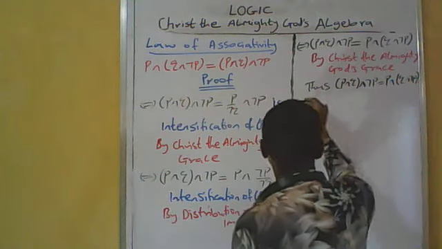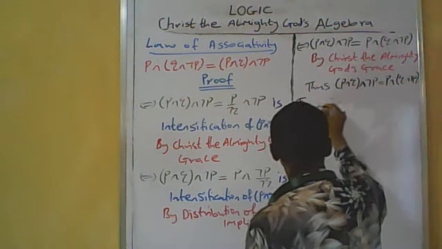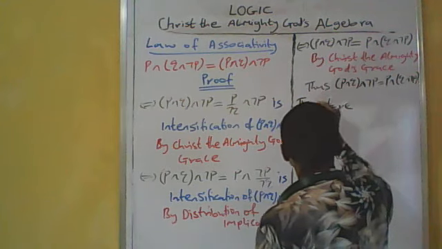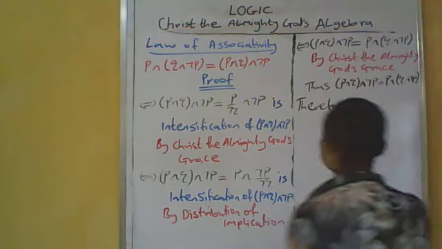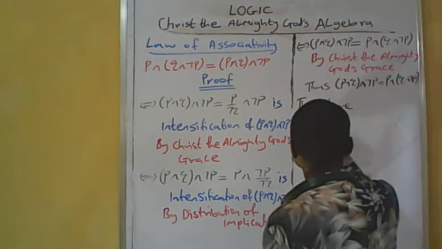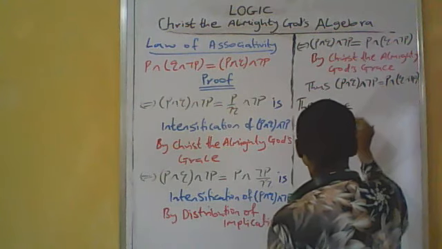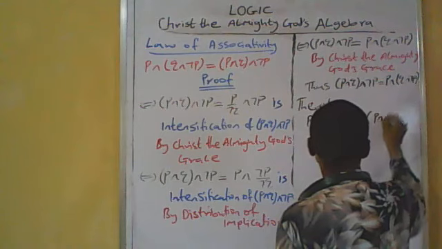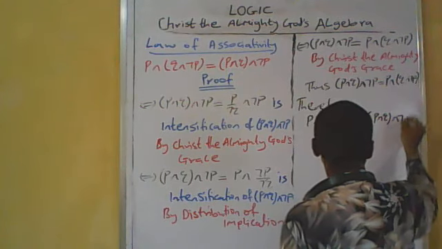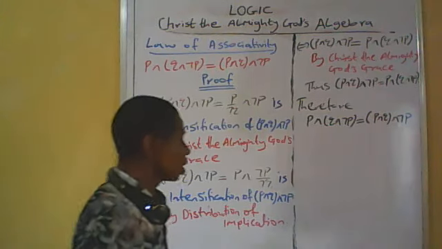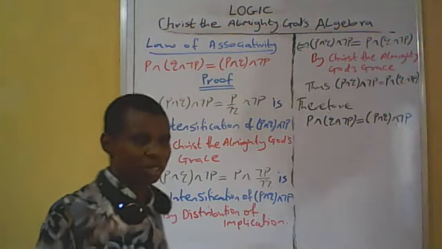Therefore, P and bracket Q and not P is equal to bracket P and Q and not P is the law of associativity by conjunctive statement.